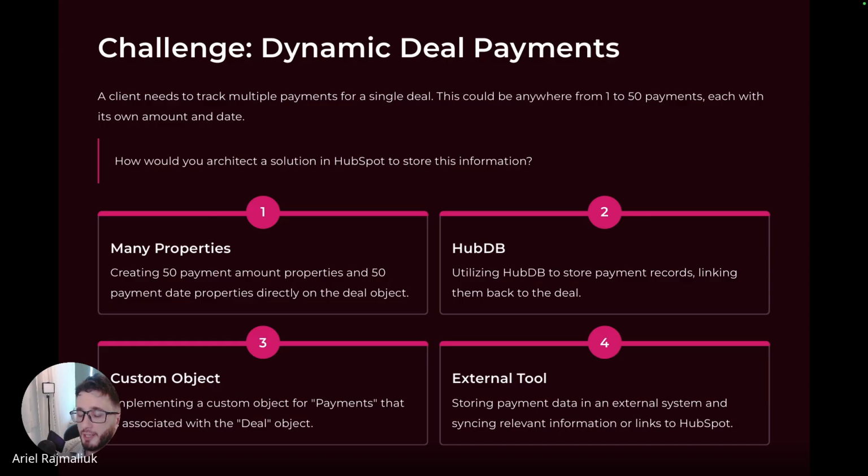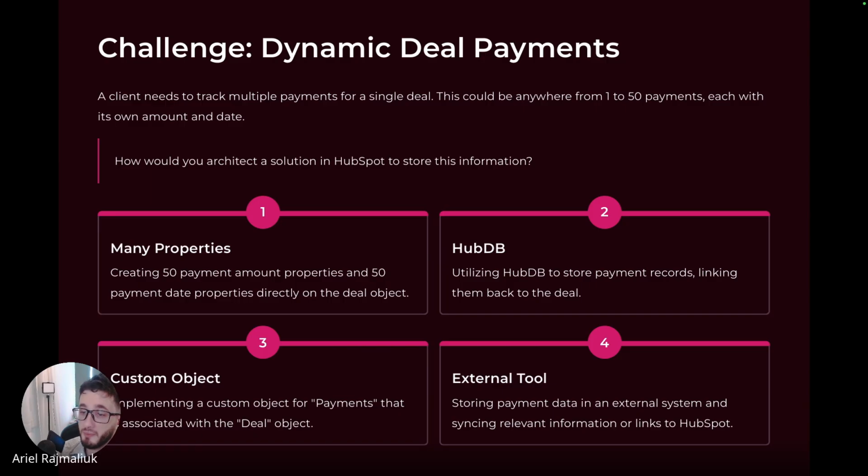If you make the properties, the problem will be that you will quickly end up having an object with a very long list of properties. So if they want to know how much payment 17 is, they need to scroll down to payment 17, and then good luck trying to do reporting on that. So in most cases, yes, the answer is HubDB, because it's a table.